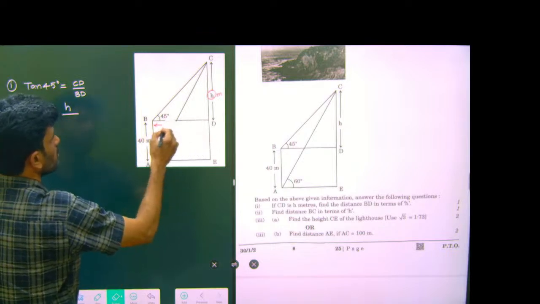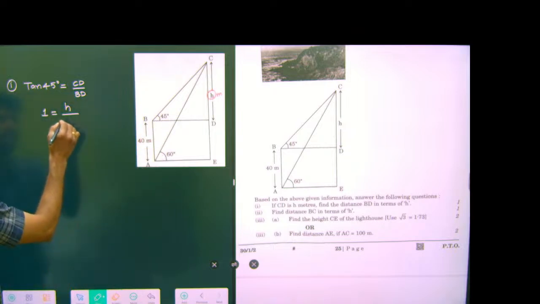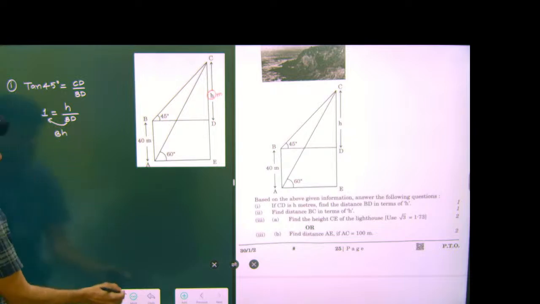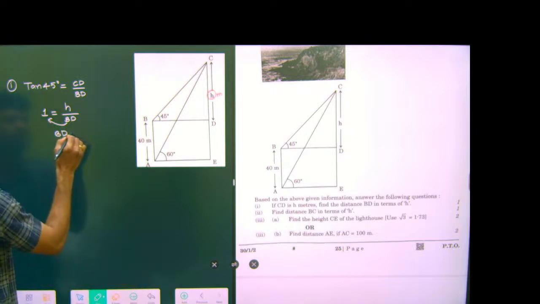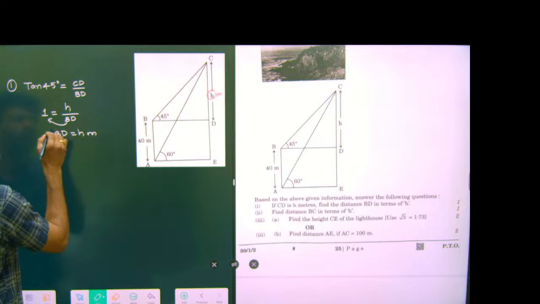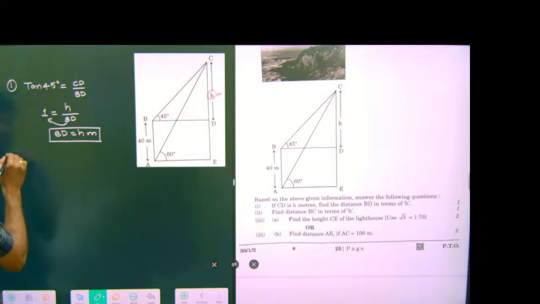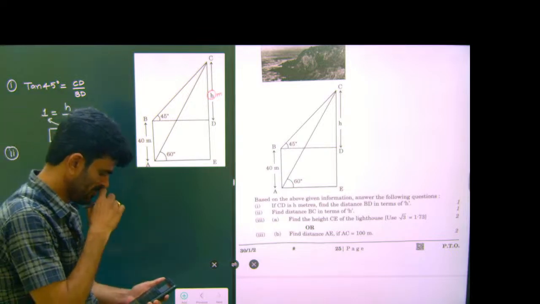Transposing BD here, BD into 1, BD only. So BD is equal to h meters. This is the value of BD in terms of h meters. First question answer. Hope you understood this.